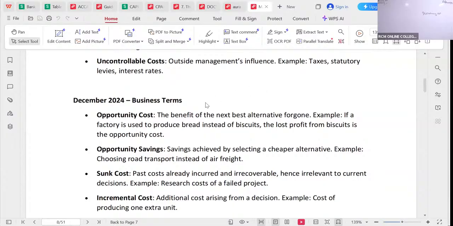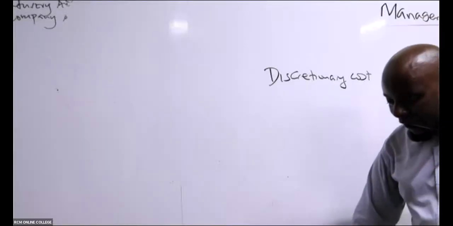So we have their business terms which came in December 2024. They want us to define opportunity cost. Opportunity cost, like now you guys, I'm so sure for you to be here, you must have sacrificed something outside there.